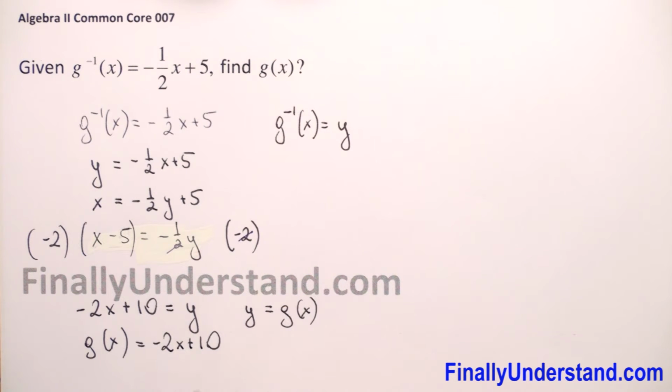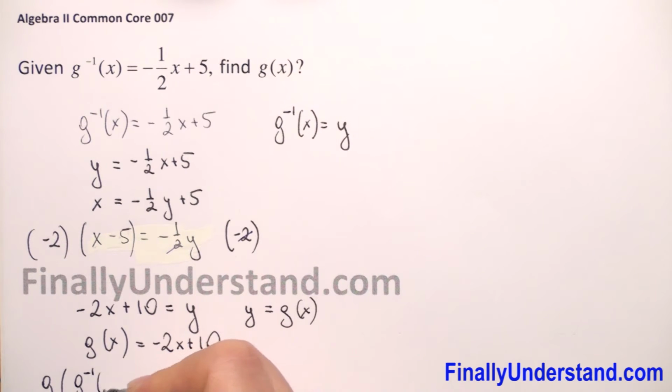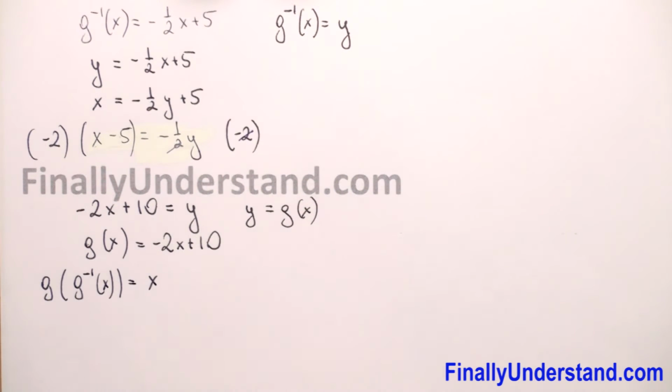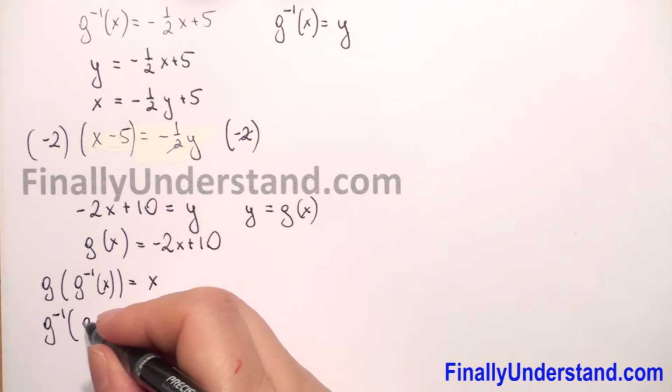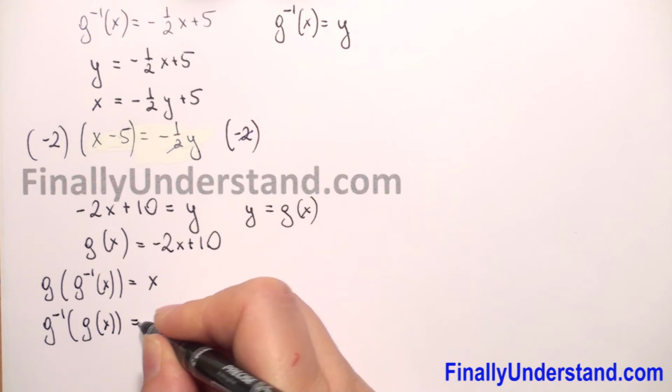To check if our solution is correct, we will form the composition of g and inverse of g, and we should obtain the identity function. So the composition of g and inverse of g should be equal to x, and the composition of inverse function g and g should be equal to x.